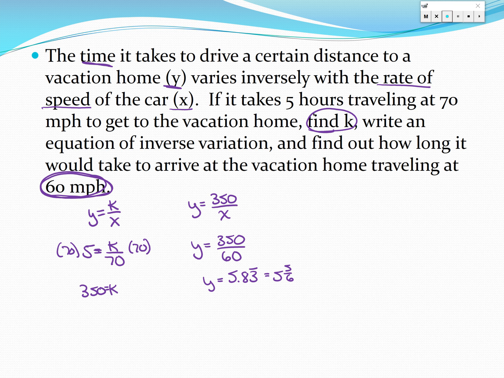So in order to change that piece, we know it's going to be 5 hours. If you have 5.83 repeating in your calculator, subtract off the 5, so you're left with just the repeating decimal. To figure out how many minutes that would be, we need to multiply by 60.